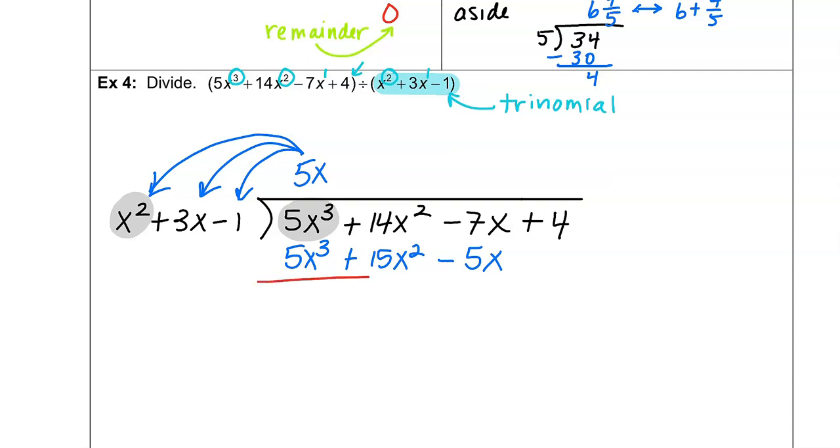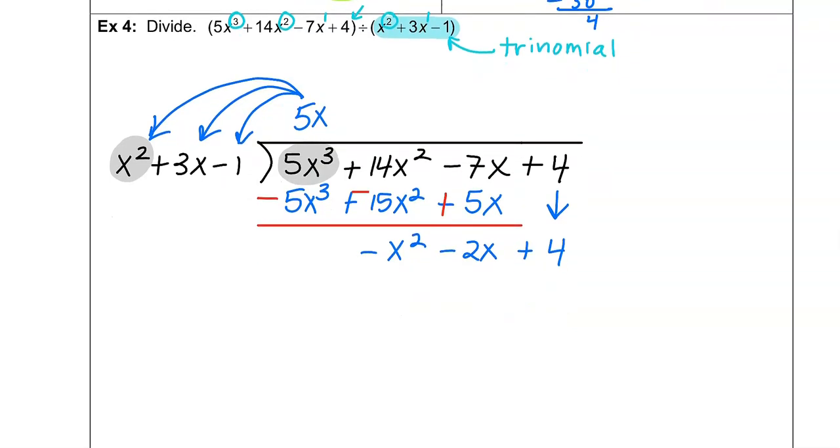Then I'm going to draw my line and change all signs. Notice that the first term should always cancel out. It does. Okay, and then we have the 14x squared and the minus 15x squared, which gives me minus x squared. The minus 7x plus 5x is minus 2x. Okay, and now we're going to bring down a term, the plus 4, and continue on.